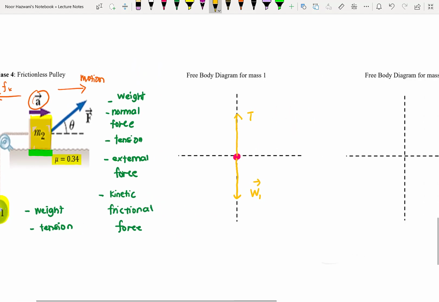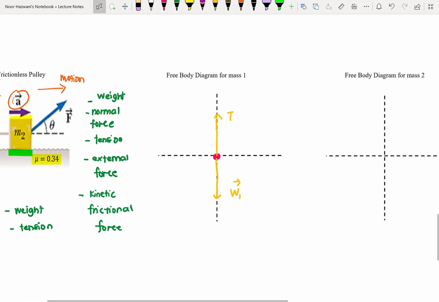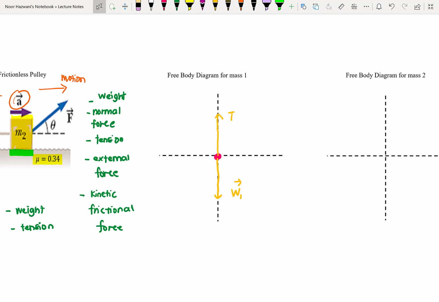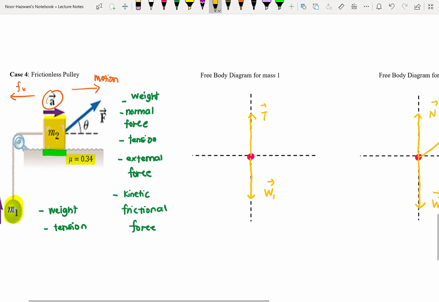Okay, free body diagram for mass 2. We have normal force. Put the dot first, and then we have normal pointed upward. And then we have weight subscript 2. And then we have external force. And then we have tension.